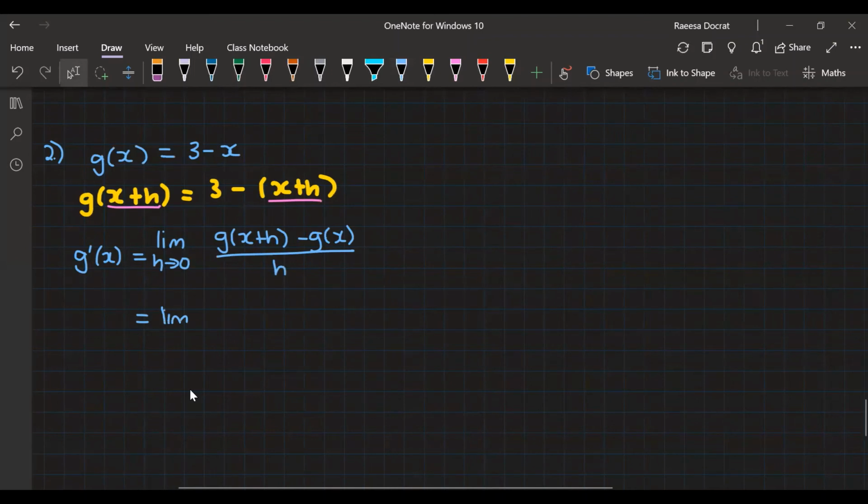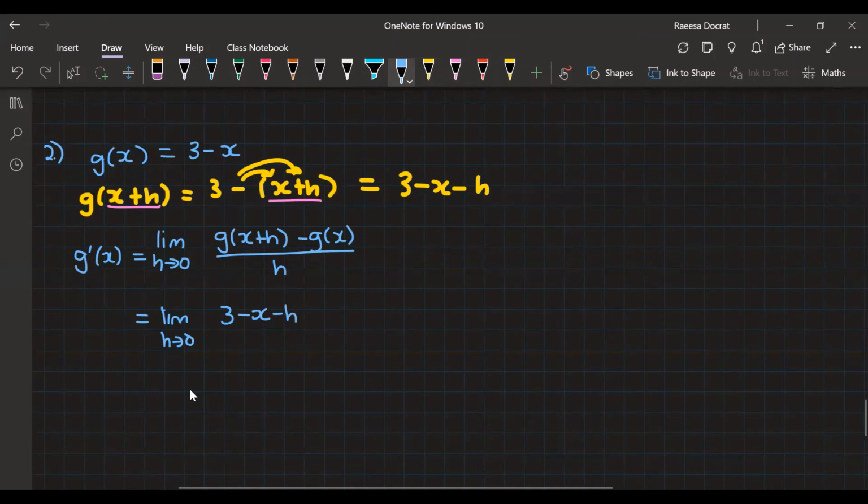So this is the limit as h tends to 0. Actually, let me first simplify g of x plus h: it's 3 minus x minus h, if we distribute that minus. So now we have 3 minus x minus h, minus, because there's a minus from the formula, and then I'm replacing g of x, which is 3 minus x.